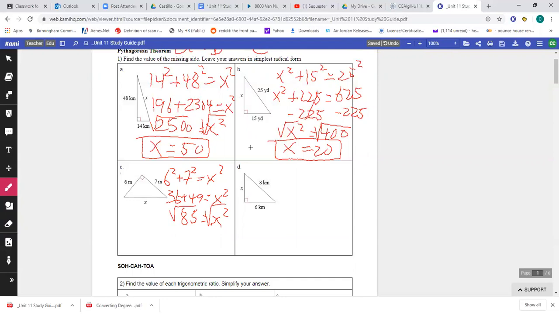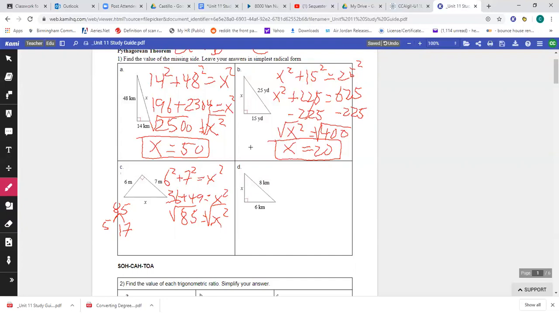Okay, and you think to yourself, can I simplify 85? Well, let's go ahead and see. Okay, so there is no square root of 85, like an even number, an integer. But let's see if we could do a factor tree here. I know it ends in 5, so I'm going to use my calculator and do 85 divided by 5, and I get 17.